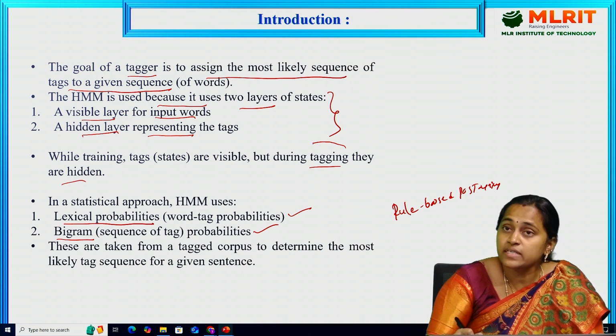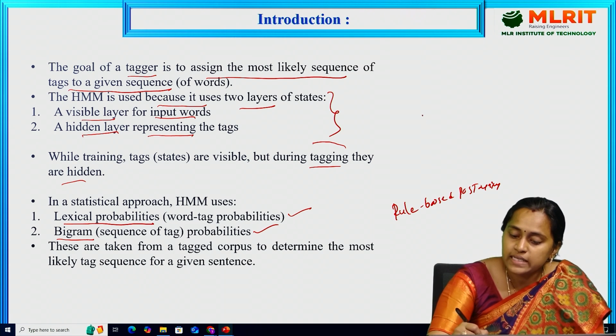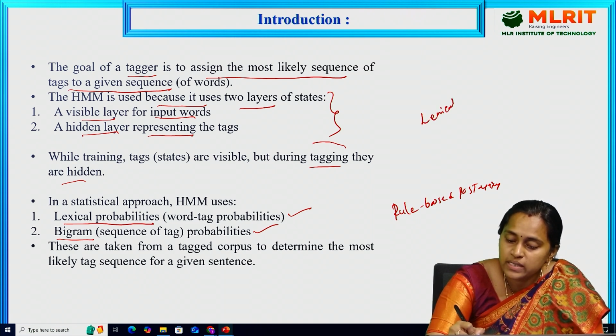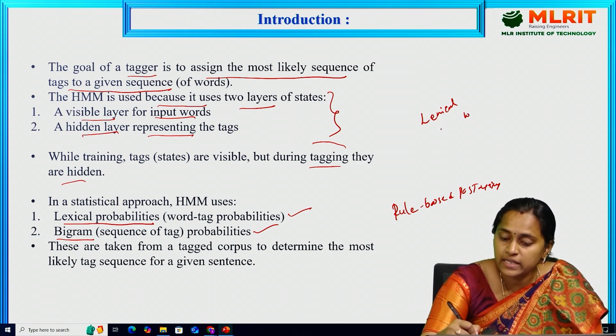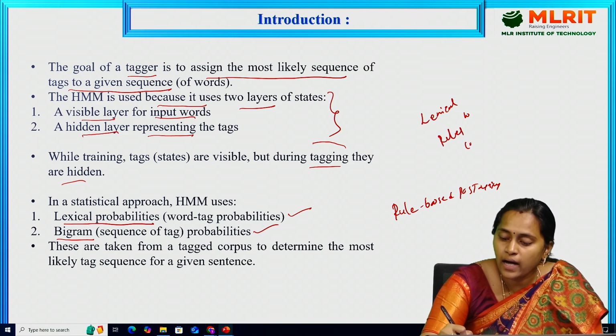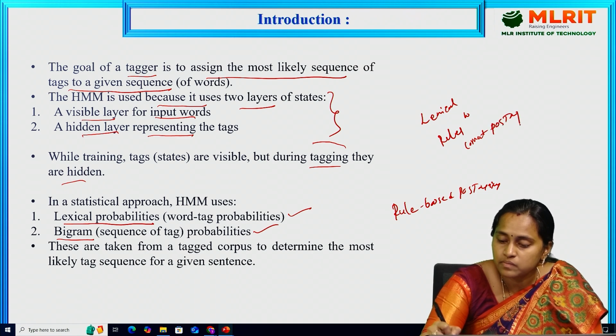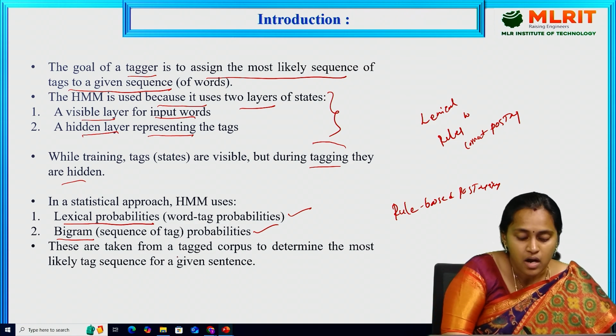Here I am applying the lexical probabilities first, which depend on the database, that means WordNet, FrameNet. After collecting the words, next I am applying the rules to get the correct POS tag. These are taken from the tagged corpus.